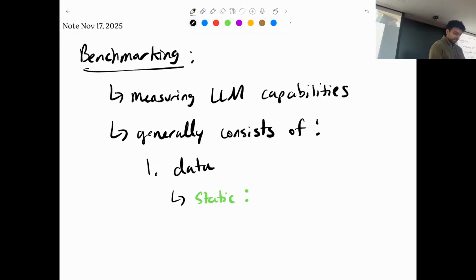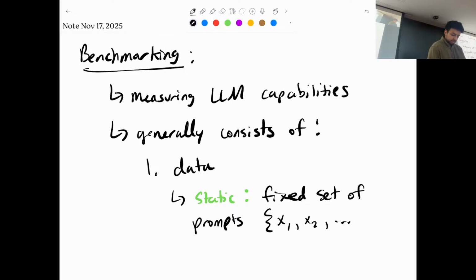This means we have a fixed set of prompts, right? So it could be x1, x2. The idea is that whenever a new model comes out, we will generate responses from the model for each of these prompts, and we will evaluate them using some metric.